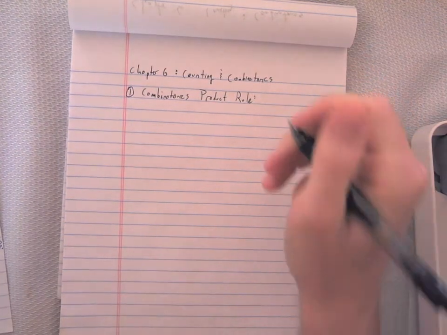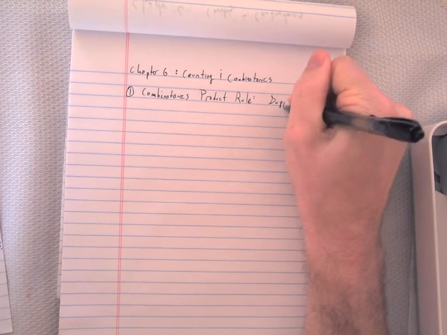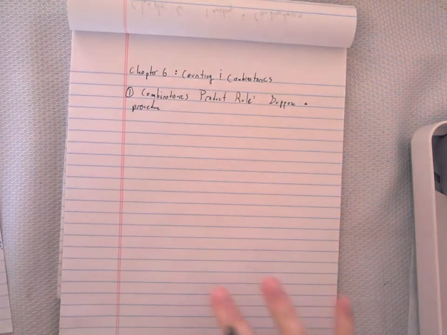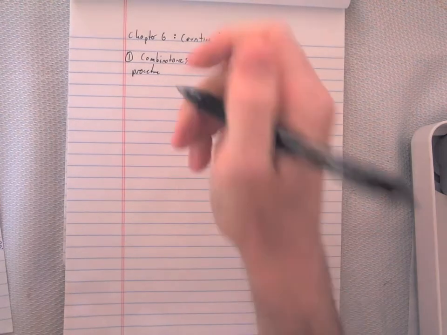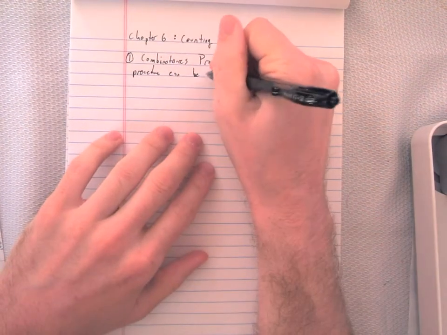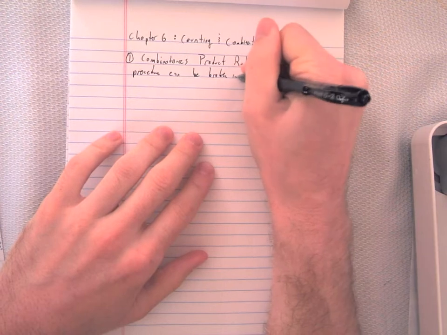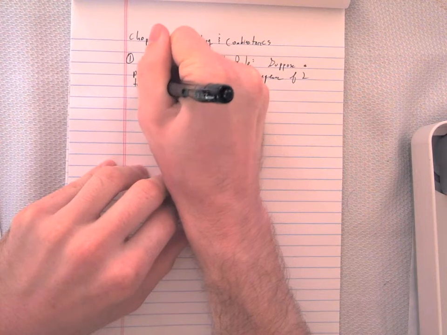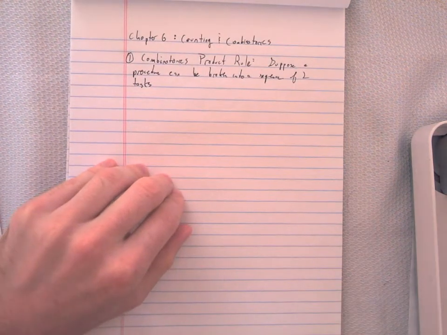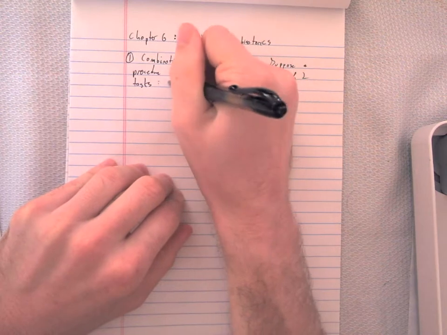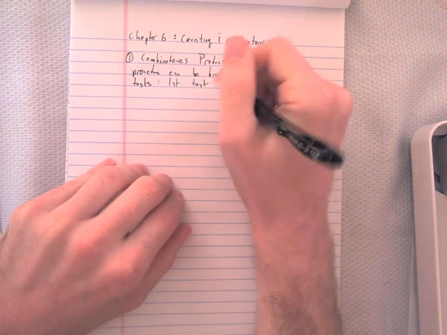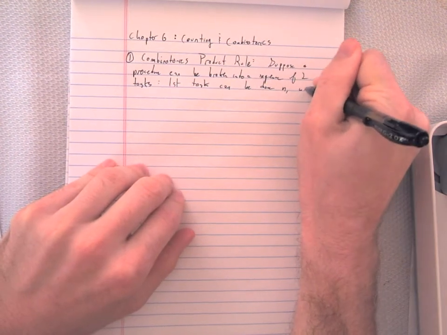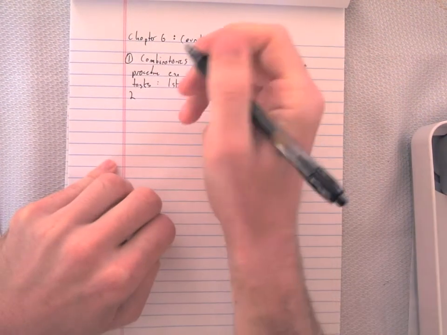So essentially what this is saying is the following. Suppose a procedure can be broken down into a sequence of two tasks. And let's say the first task can be done in n1 ways, and the second task can be done in n2 ways.